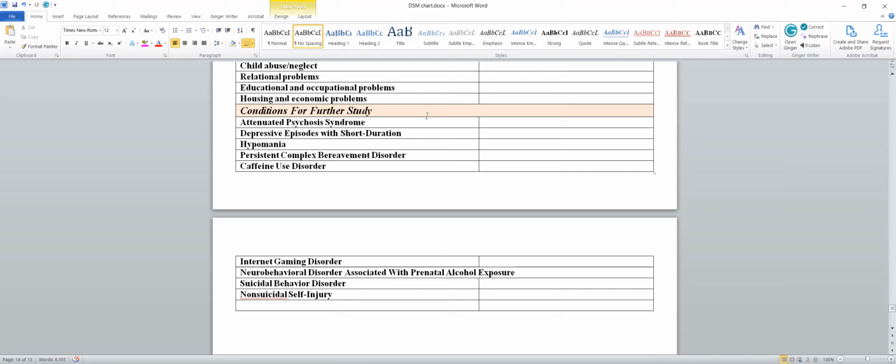And the other thing that I don't have listed on here, but is very important to look up, I just didn't have time, is be sure that you look at the cultural formulation interviews.